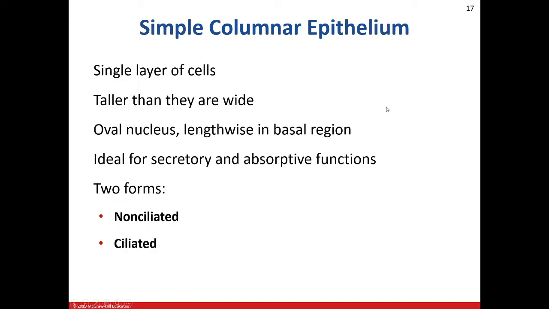Then we have simple columnar epithelium, which is a single layer of column-shaped cells. And there are two types, ciliated and non-ciliated. And then on the ciliated epithelia, the cilia can be motile or non-motile. In other words, the cilia might move or they might not.